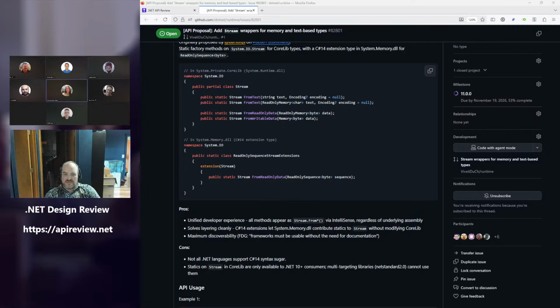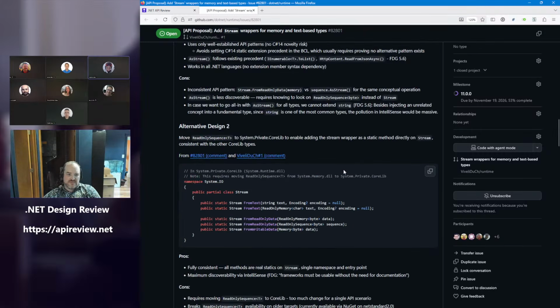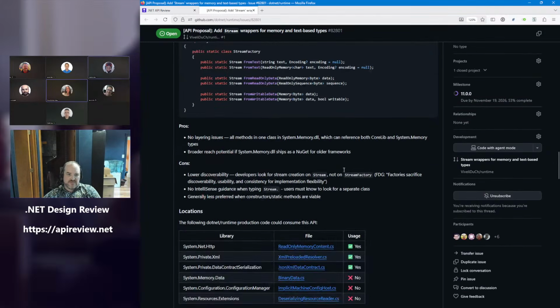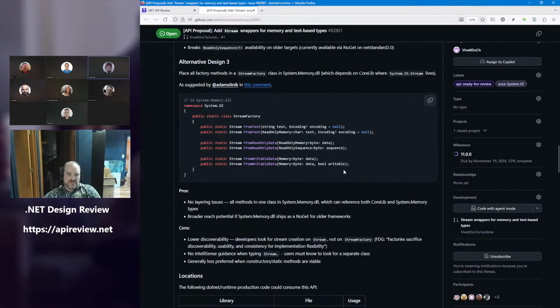Just to clarify, your question is if the from writable data is readable? Yeah, basically, and what that writable option on alternative design 3 was intending to control. If you can scroll down, Jeremy.